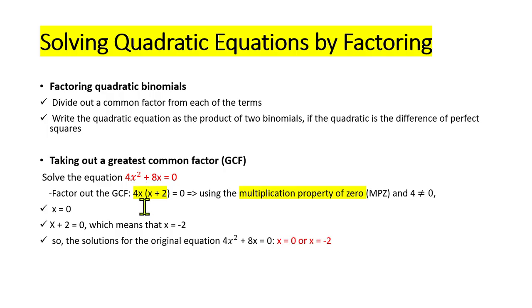So you take it out, you divide the first and second term by 4x. So 4x times (x plus 2). This is factoring. So by the multiplication property of 0, either 4x equals 0 or x plus 2 equals 0. That way you get the solution, x equals 0 or x equals minus 2.